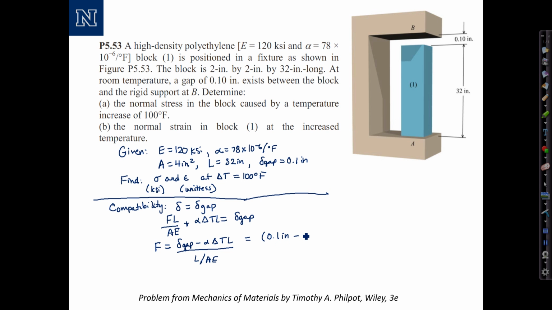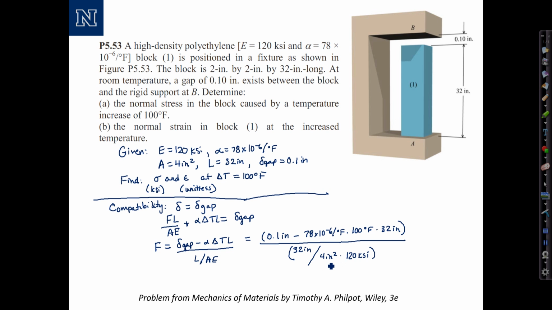Make sure you account for your units all the way through the problem. Alpha equal to 78 times 10 to the minus 6 per degree Fahrenheit times the 100 degrees Fahrenheit times the length of 32 inches. And this will be divided by 32 inches over AE, 4 inches squared, times E, 120 KSI.